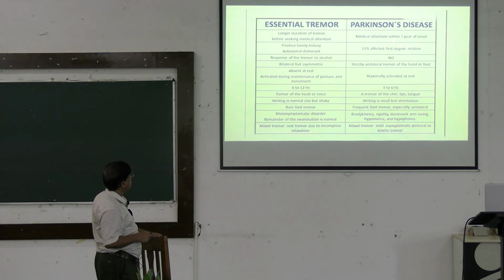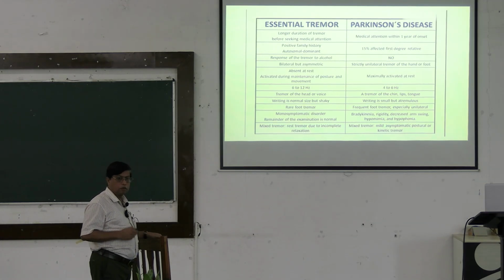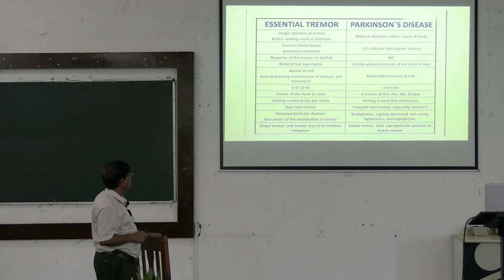So smoking can reduce Parkinson's tremor, but you should not encourage the patient to smoke for that. It is just to know that smoking can improve some Parkinson's tremor, but alcohol improves essential tremor. That is interesting to note.